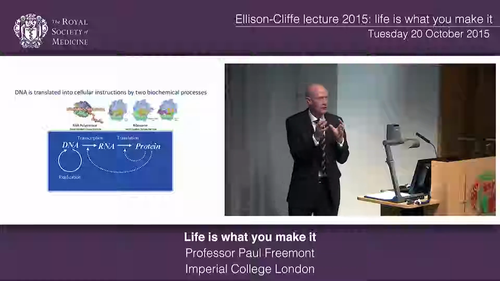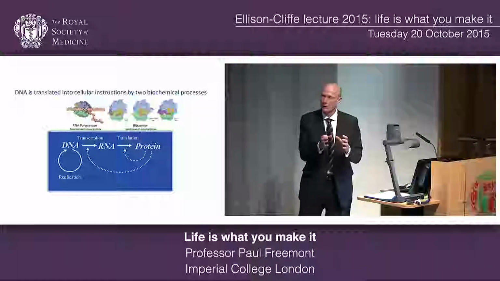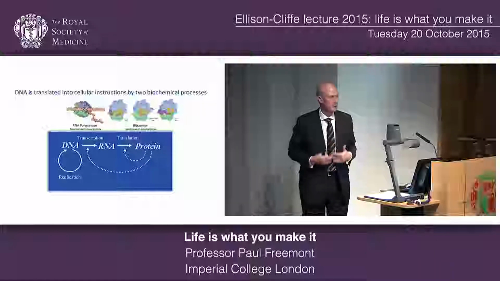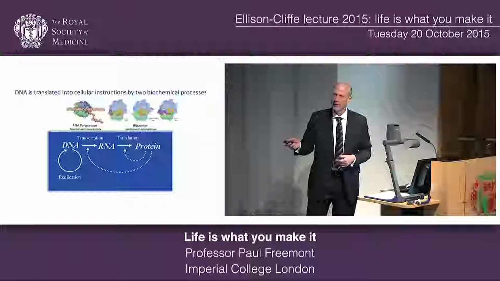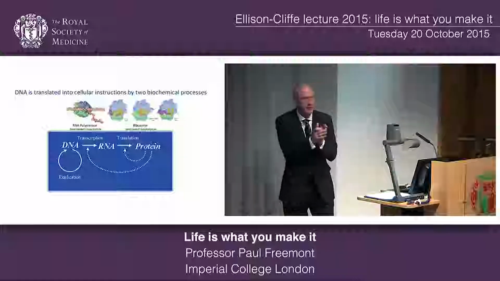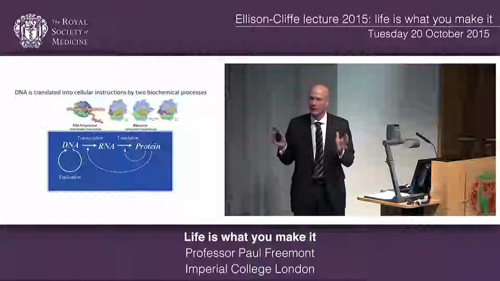So this is now the central dogma of molecular biology, and I won't spend too much time on this, but there are 2 steps that you have to understand because this is the basis of synthetic biology. That is that the DNA is changed into a molecule called RNA, and then that molecule, messenger RNA, is then translated into proteins. So DNA codes for all the proteins that we have in our cells.